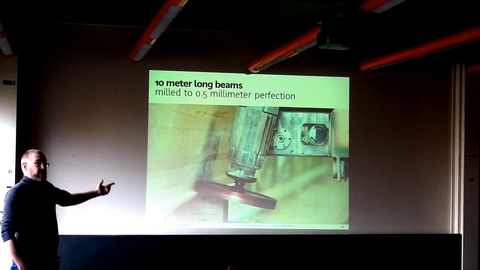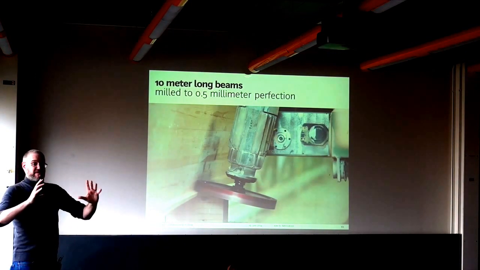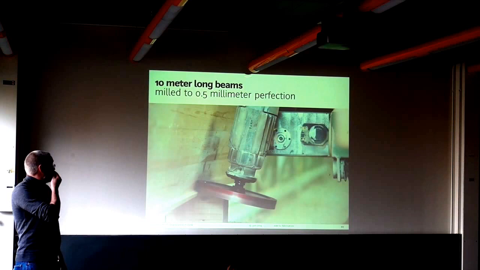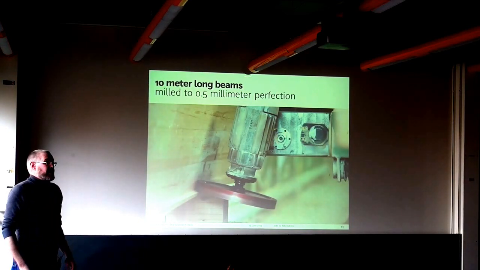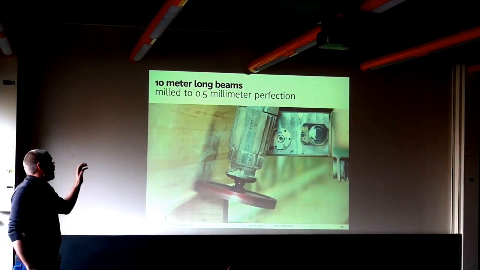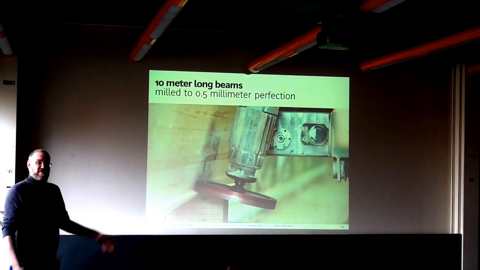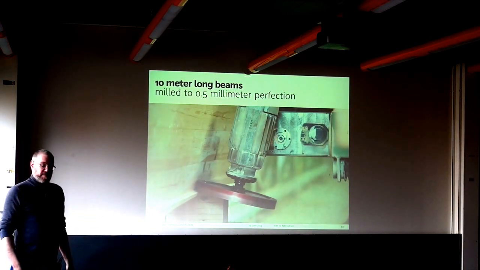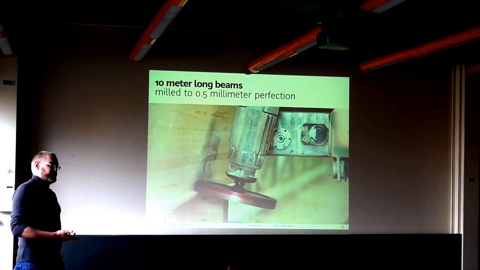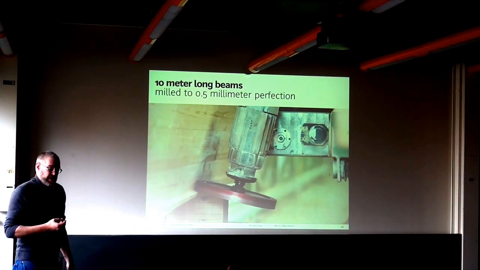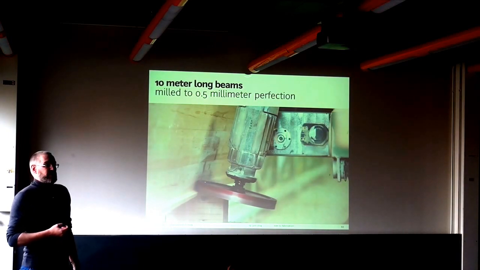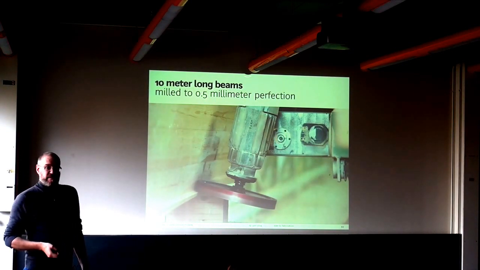This planing tool has a diameter of 40 centimeters, just to give you an impression, and works on a 10-meter long beam, and is able to fabricate this beam within tolerances of some 1/10 of a millimeter, which is not just some Swiss precision fetish that we're all following. It's very necessary if you want to fabricate the connection details directly on the machine.